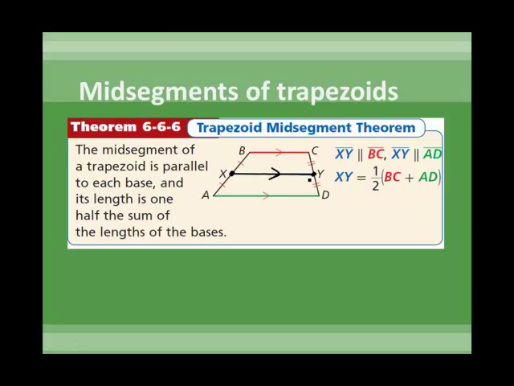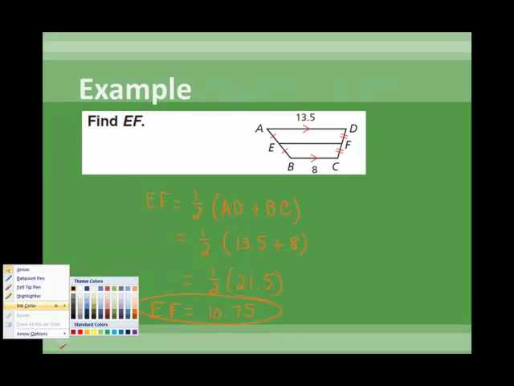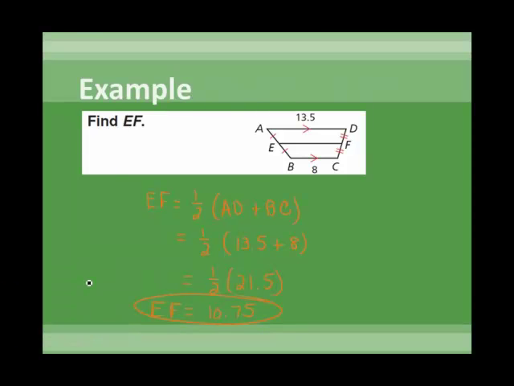That's it. So in this particular problem here, they give you the midsegment is EF. We know it's the midsegment because E is the midpoint and F is the midpoint. We need to find the length of EF. We know that it's parallel to those, and then the length is going to be half of the sum of the bases.